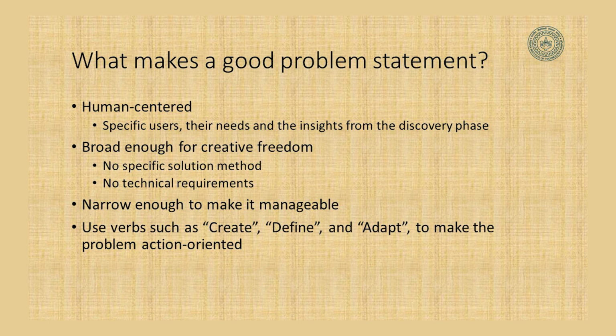The solution technique should still remain vague, but it must be broad enough so that there is creative freedom to create many different concepts which can solve the challenge problem. So, you must not give very specific technical requirements. You can give some target specifications, but not technical requirements. At this stage you do not know what technology you will use to solve the challenge problem. You just want to define the problem, create a statement.